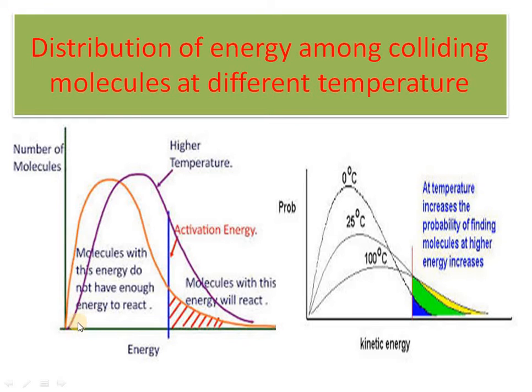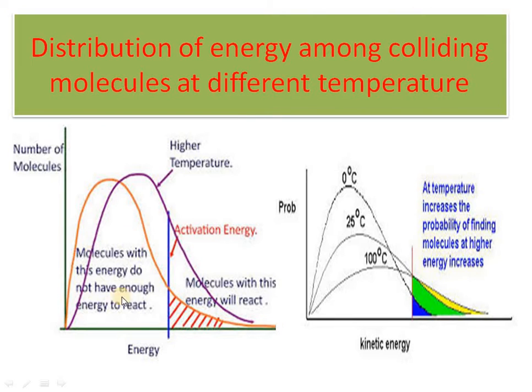This is the energy which every molecule will possess when the temperature is increased. Now this is the activation energy for that particular reaction. If the temperature is more, what will happen? The molecules will move this way, meaning the fraction of molecules having energy greater than this. This area under the curve represents the fraction of molecules having energy greater than the activation energy, because we have to concentrate on these molecules only.